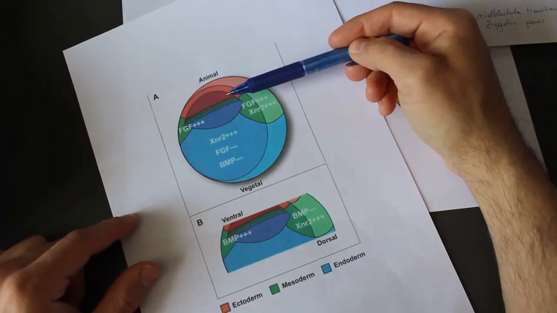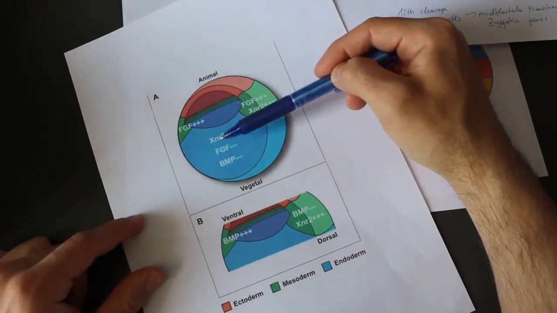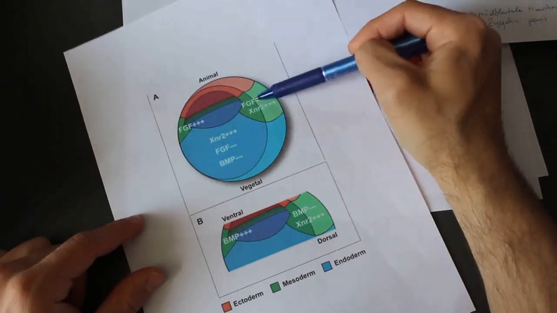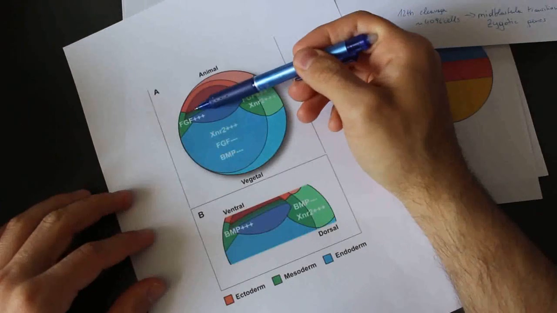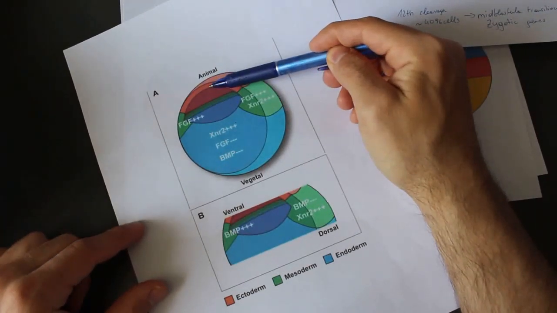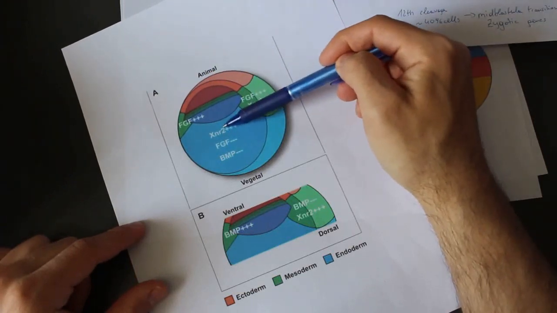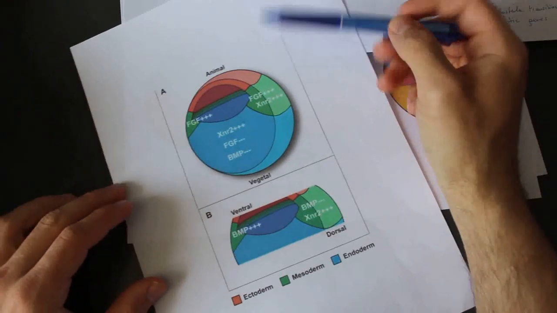So the reason is, if the animal cap cells make contact with the endoderm, then they form mesoderm. And that is one of the reasons why the blastocoel is so important, because it prevents the ectoderm from connecting to the endoderm. Otherwise, they would make mesoderm.